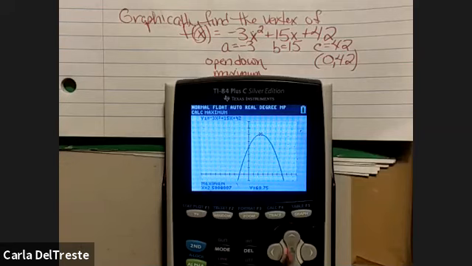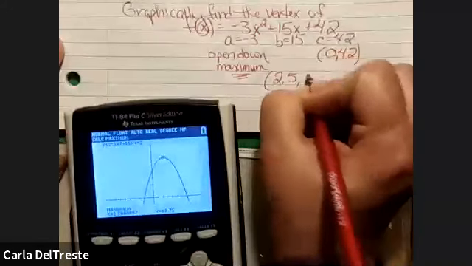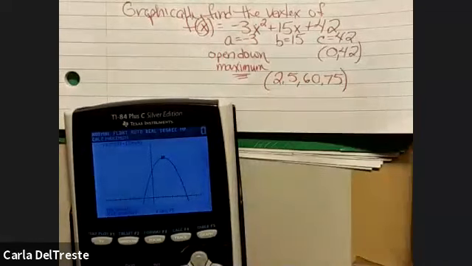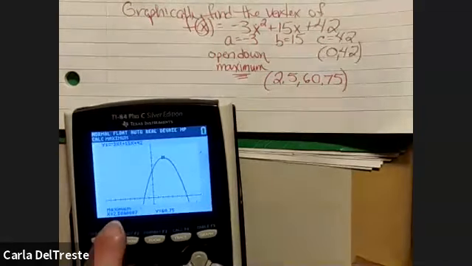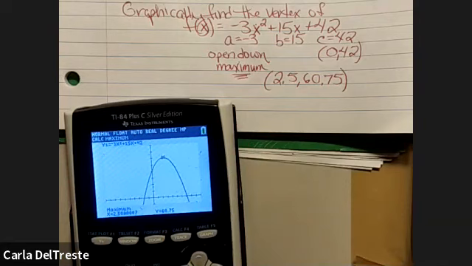Your calculator is not smart. Understand that this is just the calculator's error, and you're going to write the answer as (2.5, 60.75). Okay, please, I don't want anybody to tell me that the 0.0000007 is part of that value.